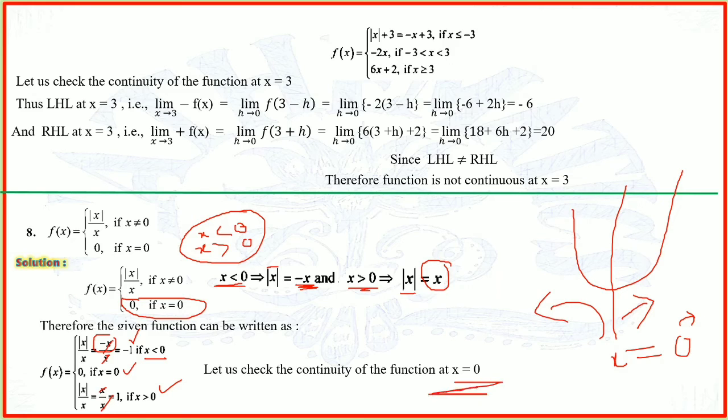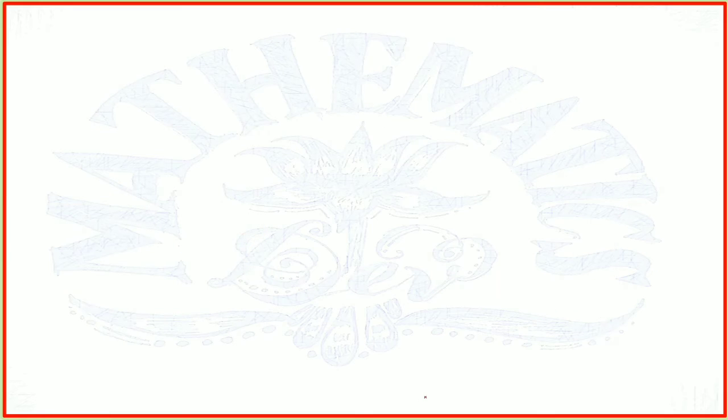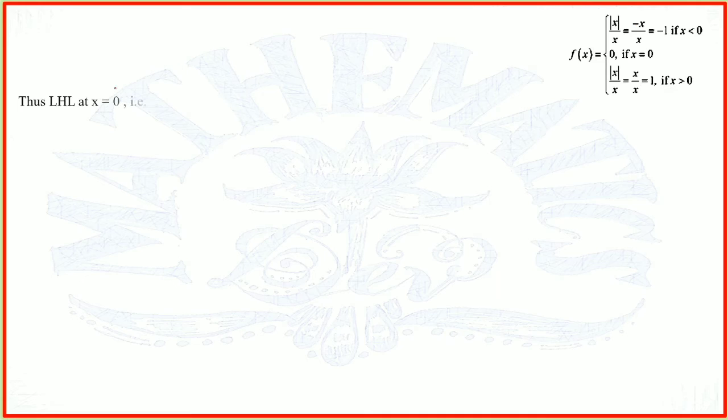So now this function is 0 if x is equal to 0, minus 1 if x is less than 0, and plus 1 if x is greater than 0.